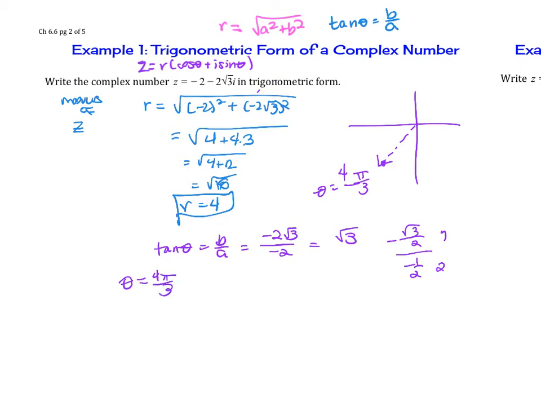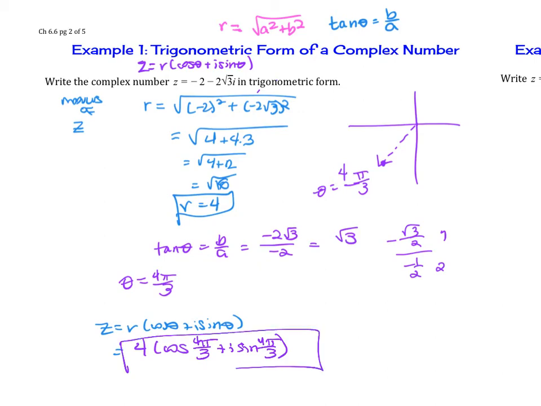And so now we can write our trig form. The trig form, again, is z equals r cosine theta plus i sine of theta. Let's replace everything that we know. The radius is 4, and then this is cosine of 4 pi over 3 plus i sine of 4 pi over 3.